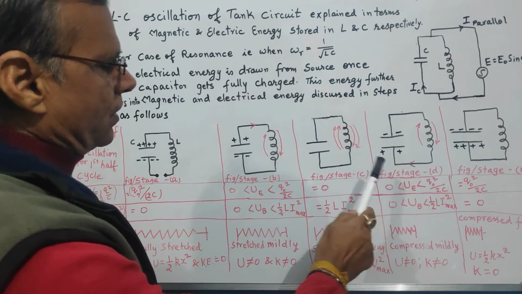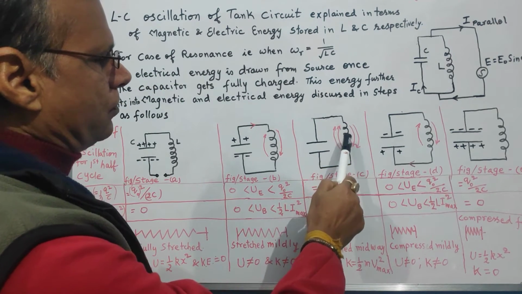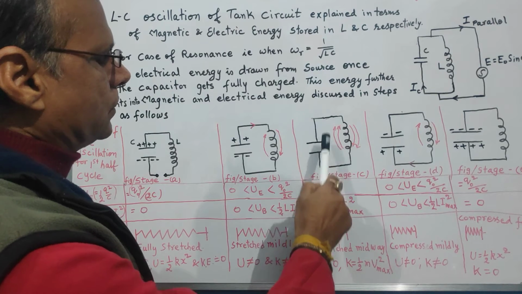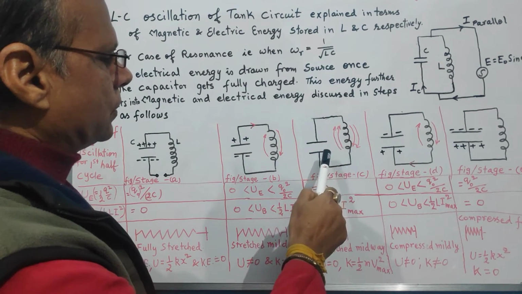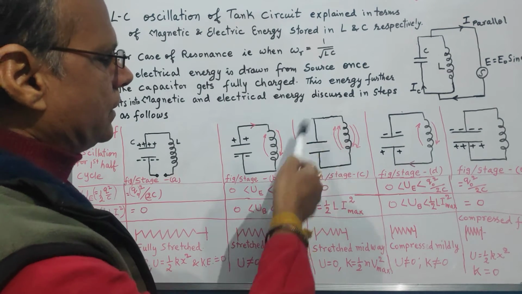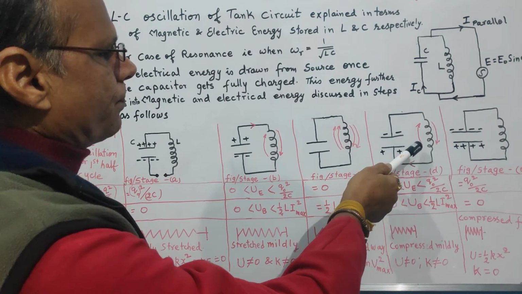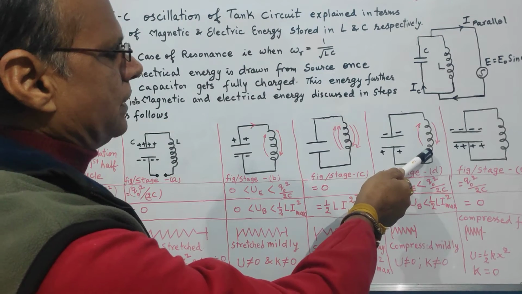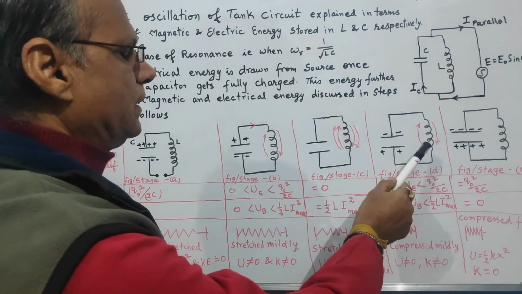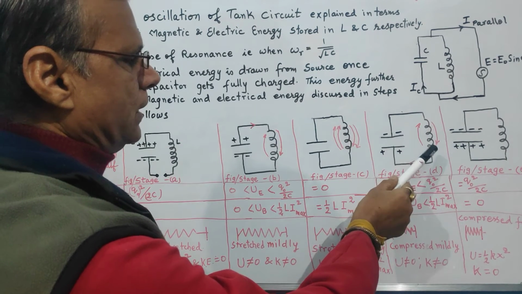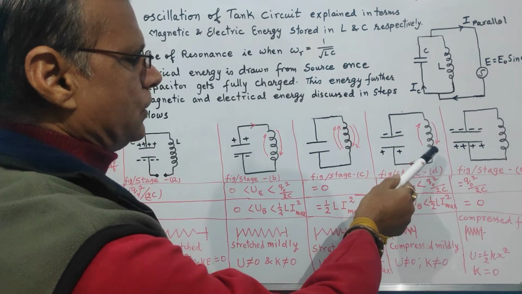Then the inductance coil, once it is no longer being charged and no current flows through it, now gets discharged. Because of that, a back EMF is generated due to the change in magnetic field associated with the inductance coil.